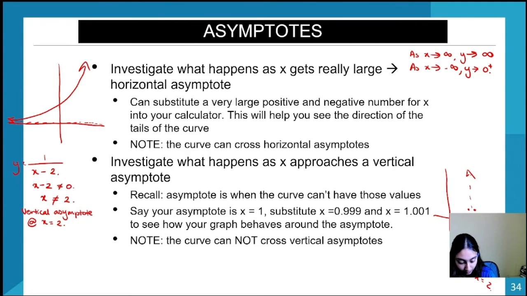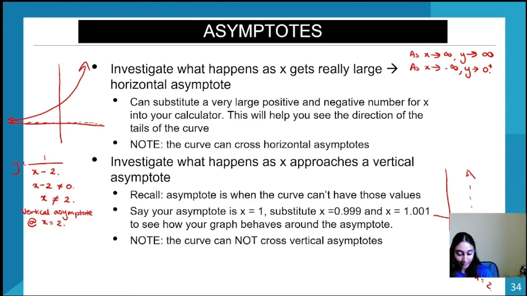So what my curve might look like. Oh, I'm sorry. I now realize why my thing's not working. It's because I forgot to write minus 2. Okay, sorry. Let me redo this.